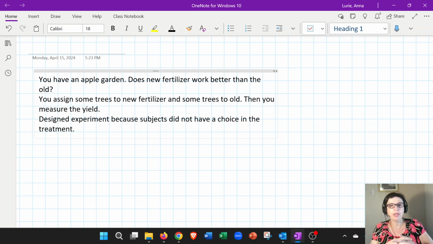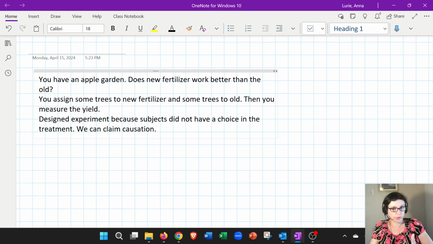You decided. So because this is a designed experiment, we can claim causation. So what does that mean, causation? It means if you did observe that there is more yield for the trees that used the new fertilizer, you would say, okay, well, it's a designed experiment, so I can say that the new fertilizer caused larger yield.